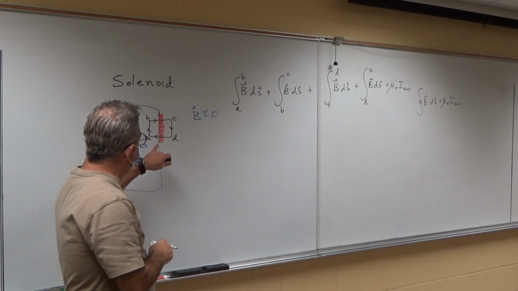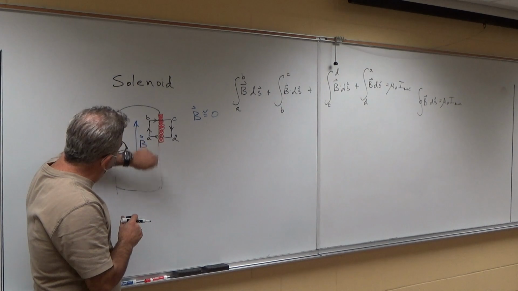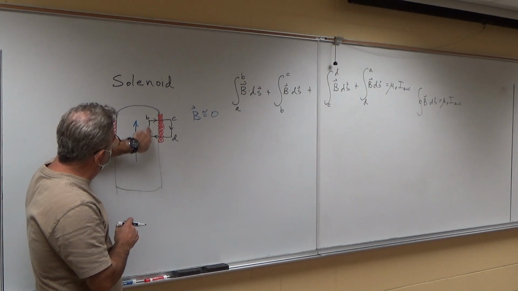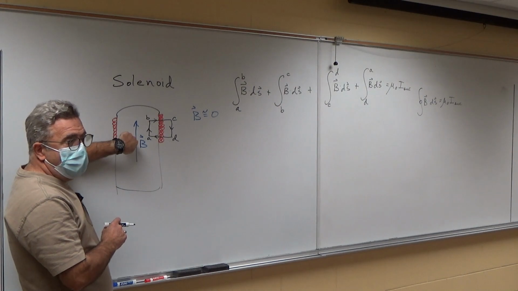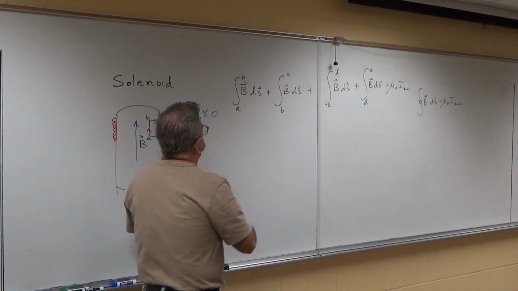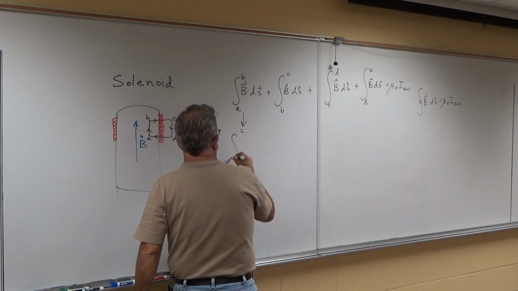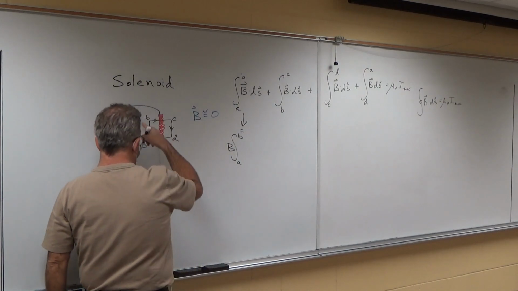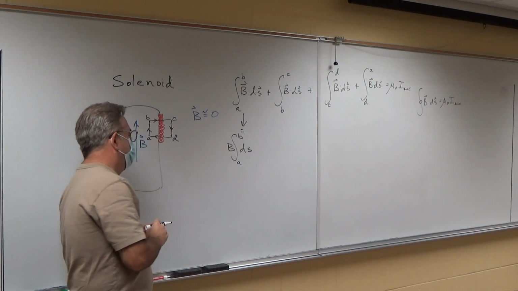Let's look at this integral from A to B. Okay, ds, I'm going this way, ds and B are in the same direction. The angle between them would be 0. Cosine 0 is 1. So this just becomes equal to the integral from A to B of B, which is a constant inside, ds, okay?